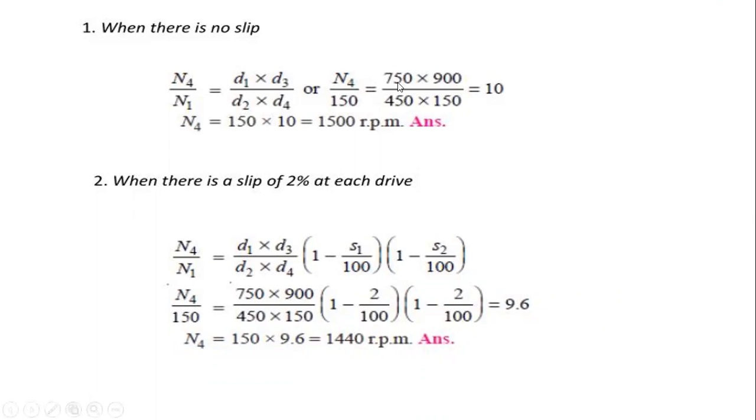Since there are 4 pulleys, we take N4 by N1 is equal to D1 into D3 by D2 into D4.